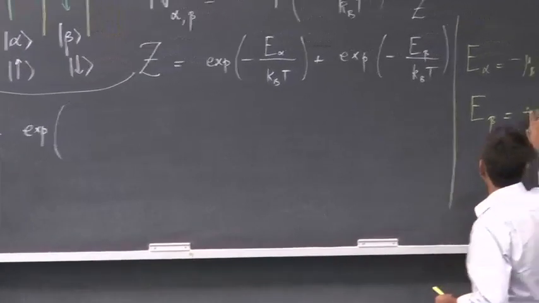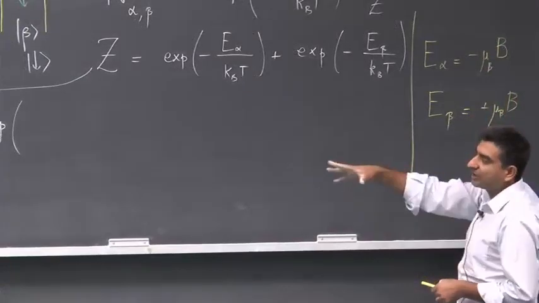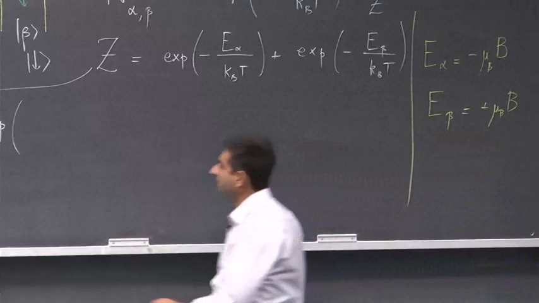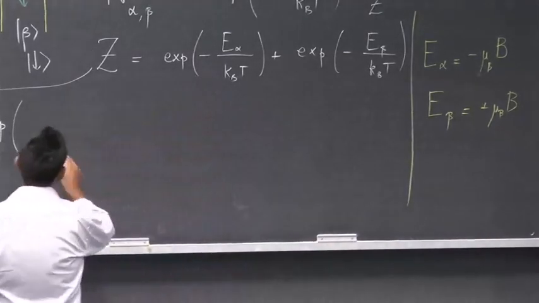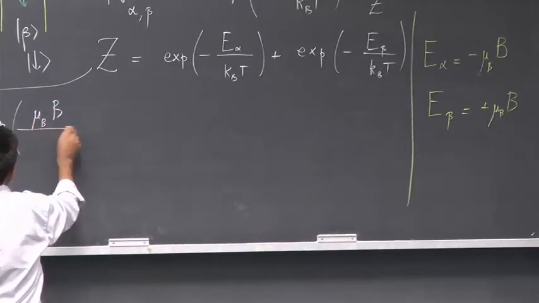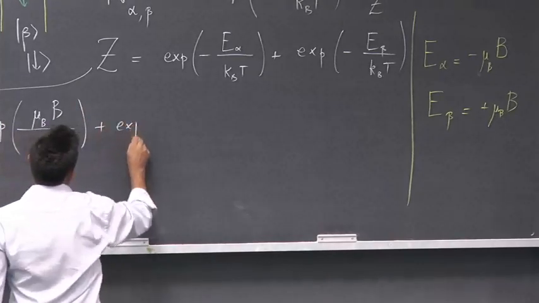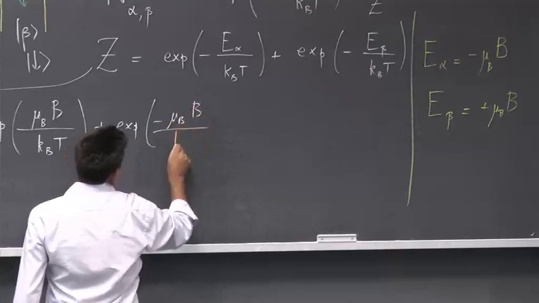The magnetic moment of a single electron with just a spin is the Bohr magneton. We've already derived that. So we know what the energies are, and we can simply plug in these values. Z becomes exponent mu B B over kBT plus exponent minus mu B B over kBT.